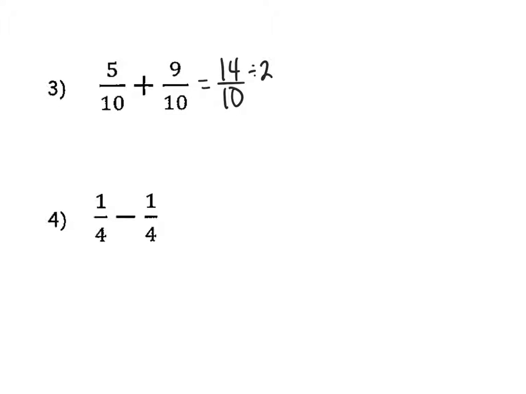So you'll write divided by 2 on 14 and divided by 2 for 10. 14 divided by 2 is 7 over 5. Number 4, 1/4 take away 1/4. 0/4, which means just 0.